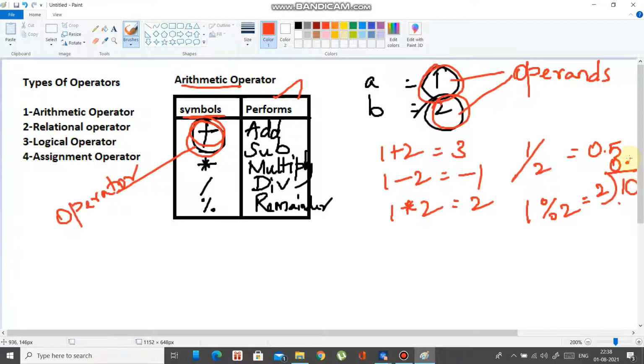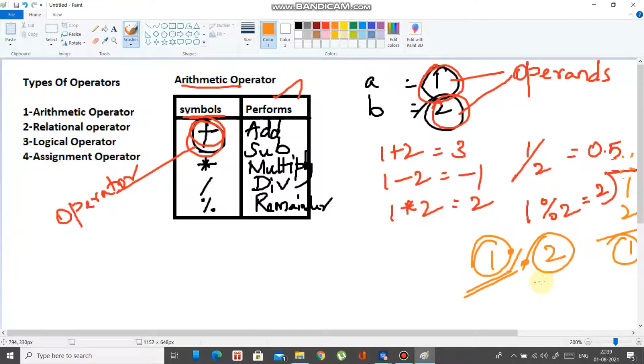But here we are not going to take decimals, decimals are not allowed. So it is 2 by 1, which gives 2 remainder 1. There is a shortcut: whenever, while using modulo, the left side value is smaller than the right side value, then the left side value will always be your remainder. Okay.